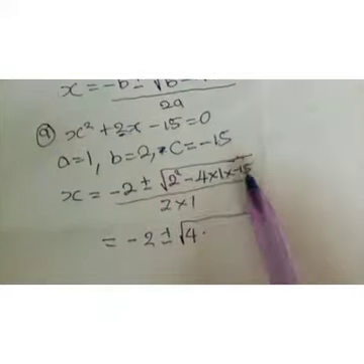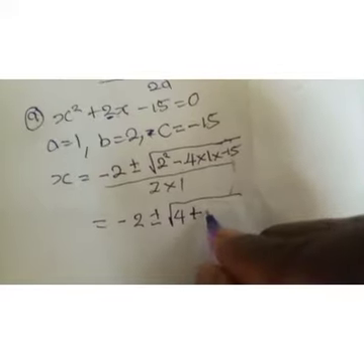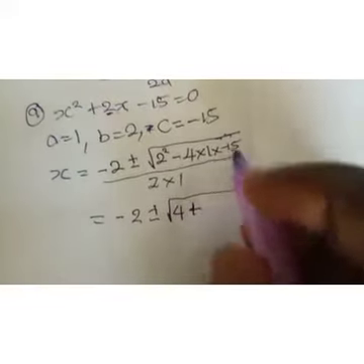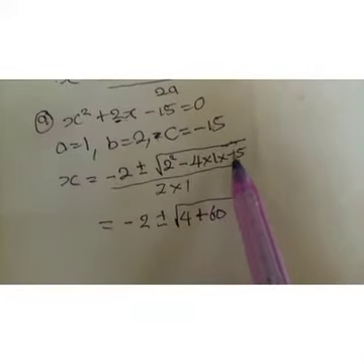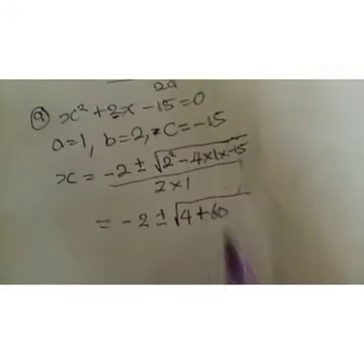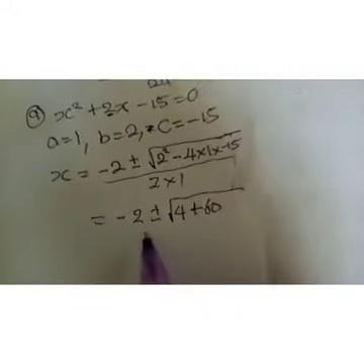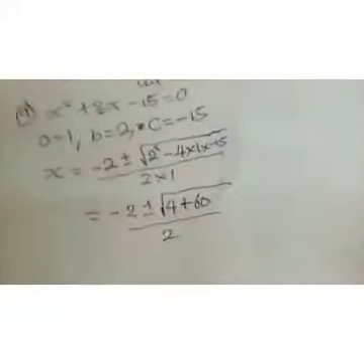Then negative 4 times negative 15 changes to positive, so it will be positive 60. That is negative 4 times negative 15, it gives you positive 60. So here now it will be all over 2.